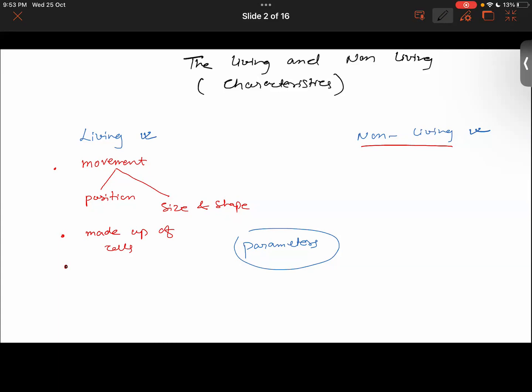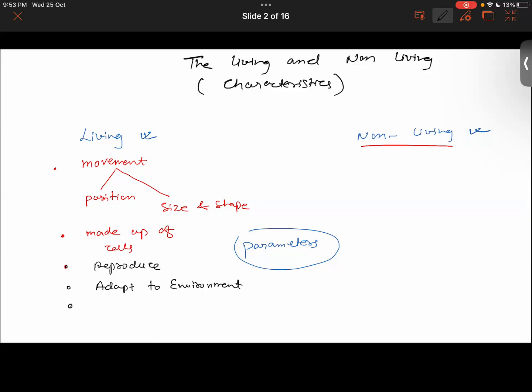So they do reproduction also. Also, हम बात अगर करते हैं living organisms की, they adapt to the environment in which they are living. वे अपने environment में adapt भी करते हैं, so they adapt to the environment they live in.